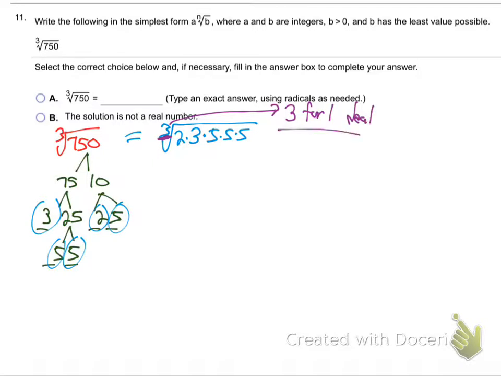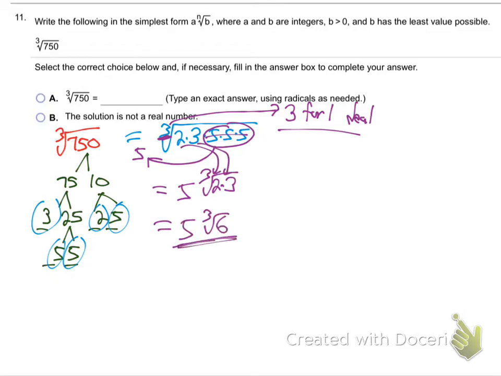It's like shopping at Target. It's a 3-for-1 deal. So you look for three 5s and ship one out, and they're gone. 3 for 1. And so out comes a 5, and what's left inside is just the 2 and the 3. Okay, just go ahead and re-multiply them. That's 6. So 5 cube root of 6. That's the final answer.